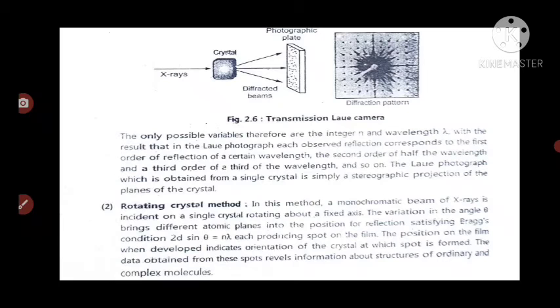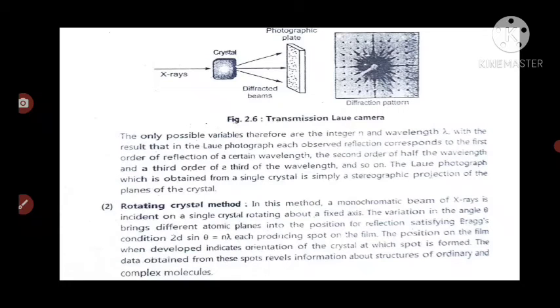If you see in the figure, the transmission Laue camera: the crystal is set up stable, and X-ray radiation is incident on this crystal material.